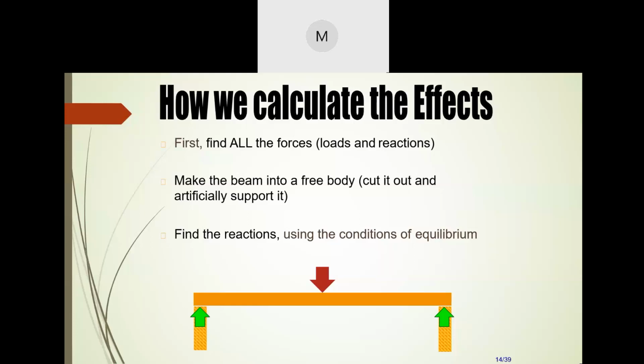We'll go step by step. First simply supported, then we'll go to cantilever, and eventually to all the others. Clear?